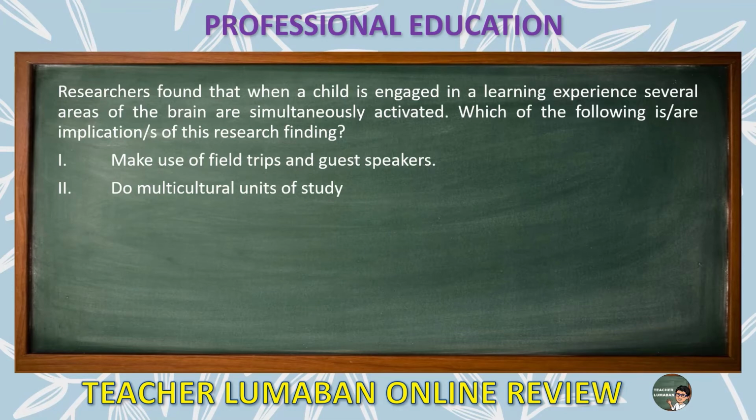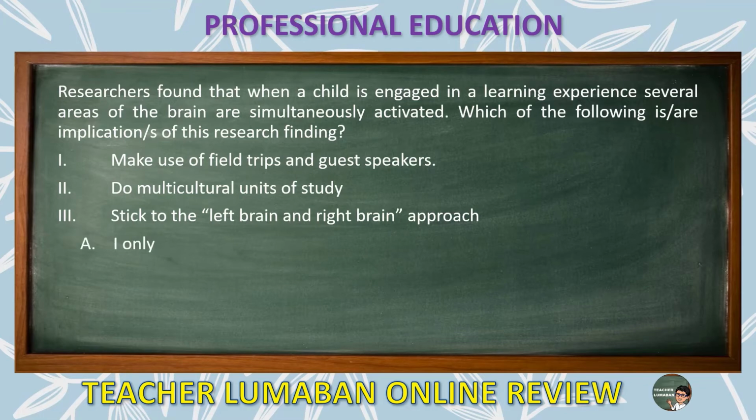Roman numeral 3. Stick to the left brain and right brain approach. Letter A. Roman numeral 1 only. Letter B. Roman numeral 2 only. Letter C. Roman numerals 1 and 2. Letter D. Roman numerals 1 and 3. Choose the suitable answer based on the given choices in 5 seconds.